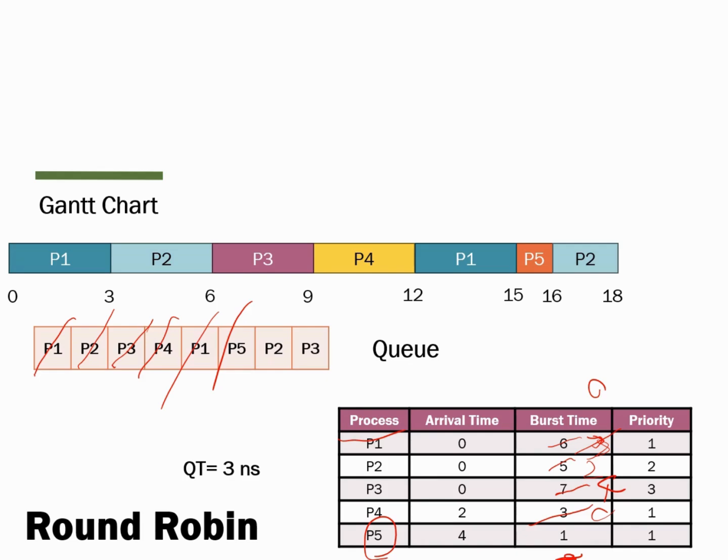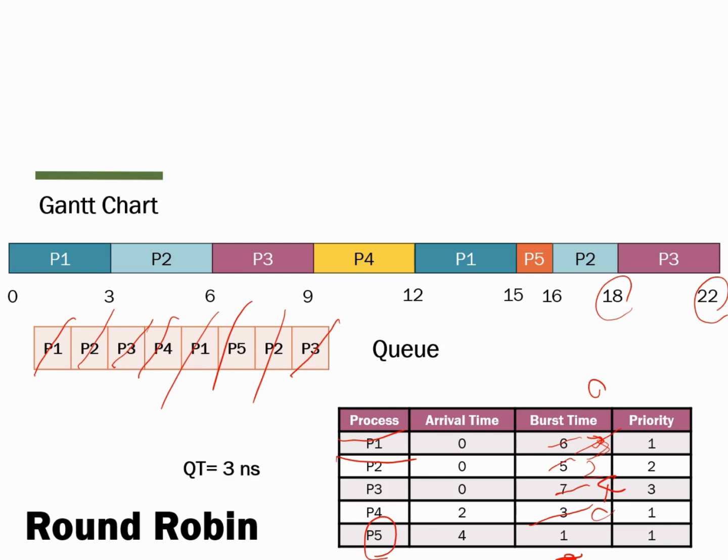It got 3 at the first turn, and now at the second turn got 2 more, and P2 also finishes here. At the end we have P3. Because there is no other process, we can give the CPU to P3 until completion. So P3 is running between 18 to 22.